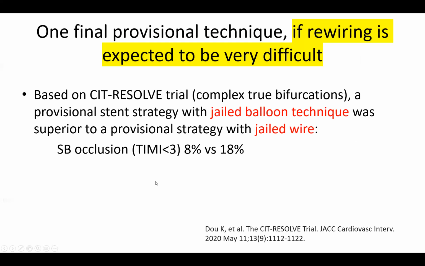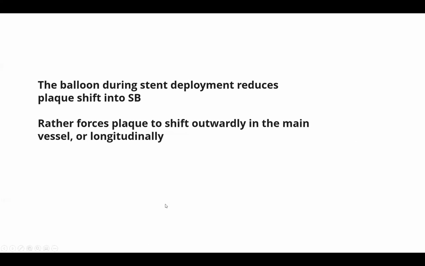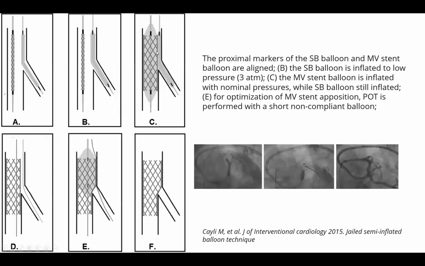You have half or more than half reduction in the risk of side branch occlusion when you're using a jailed balloon technique. The idea of a jailed balloon is that the balloon that you place during stent deployment, normally when you stent, you're worrying about plaque shift into the side branch. Well, that balloon will prevent plaque shift into the side branch.